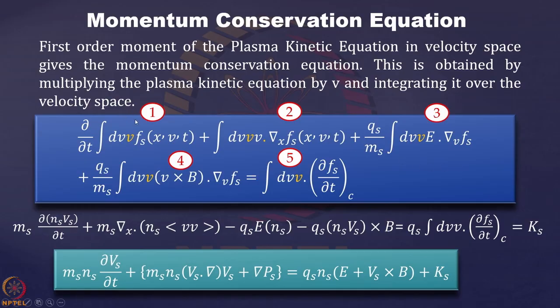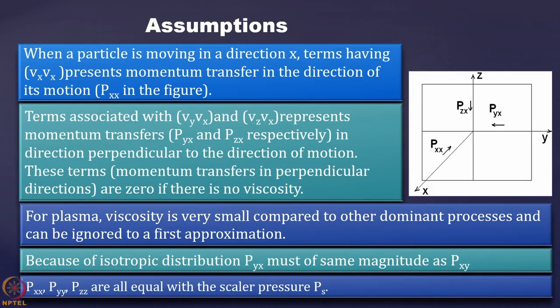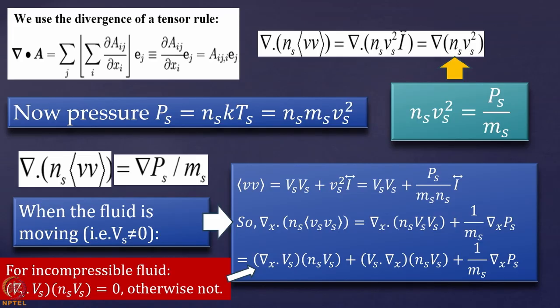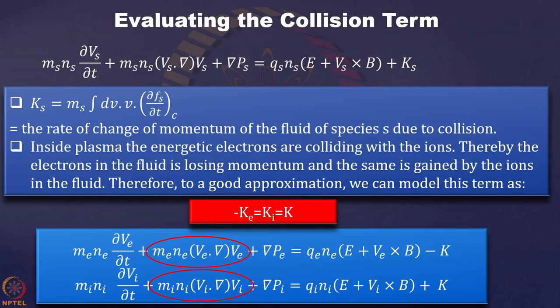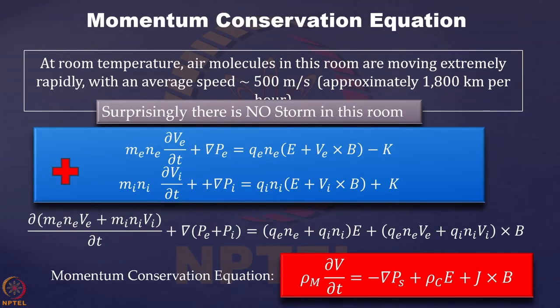The nature of these integrals is very complex, but we could do the integrations, get the values, put them in, made some assumptions, and found that the momentum conservation equation appears in a very beautiful form, as in the red box.